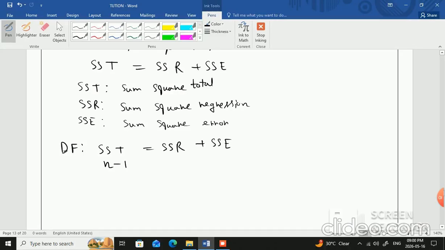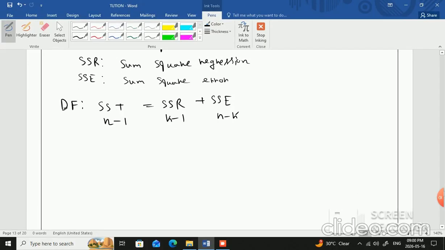For regression, k parameters are used, so k minus 1 is the degrees of freedom of sum square regression, and their difference, n minus k, is the degrees of freedom of the error term.